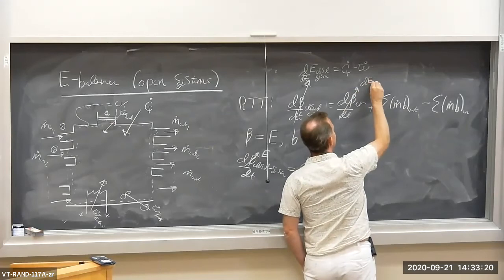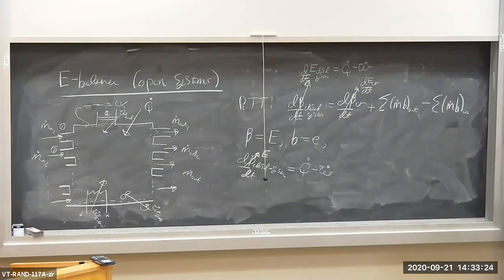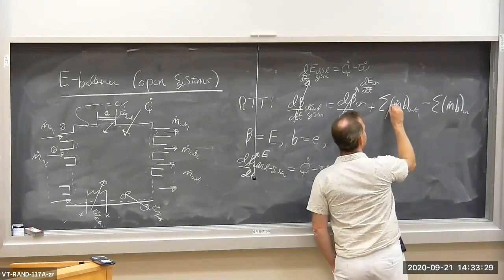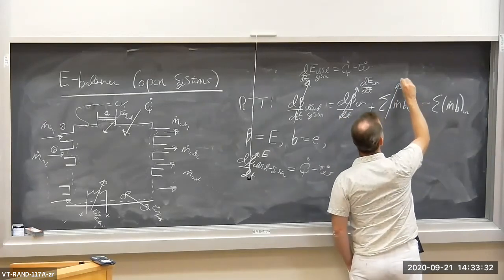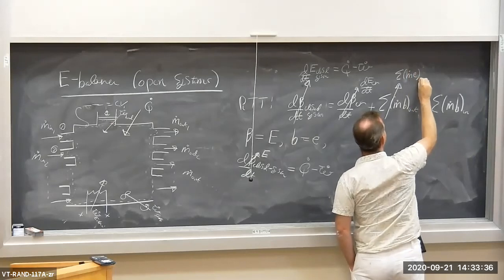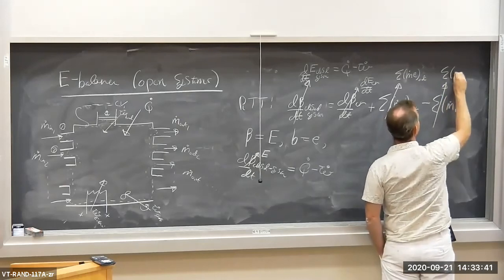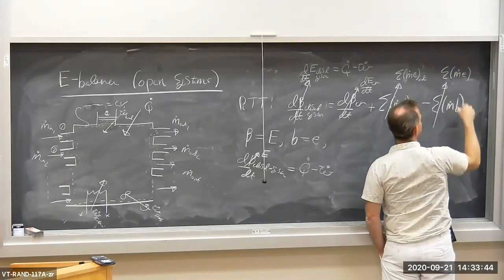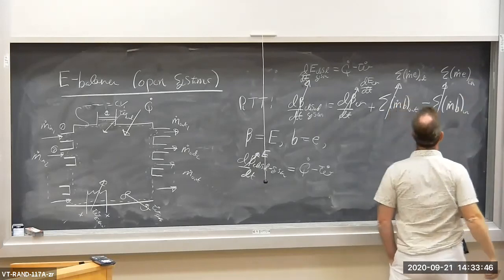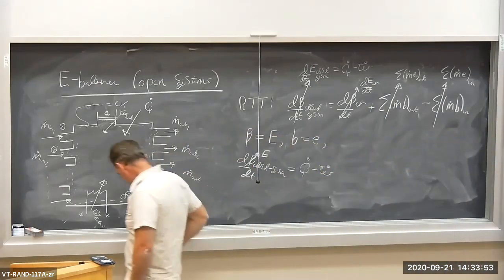So this is the change in total energy within my control volume with respect to time. And lowercase b becomes energy per unit mass, so I have the sum of m dot e out, and this one becomes the sum of m dot e in. So that's what those terms become when I apply it to total energy E.